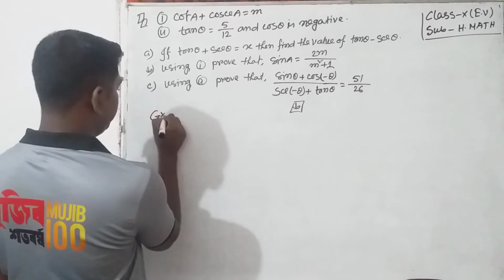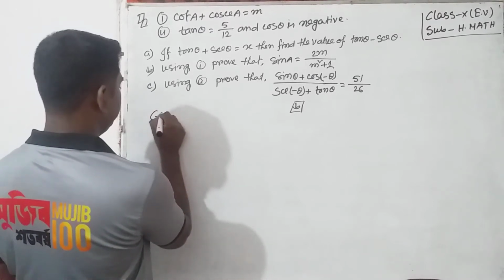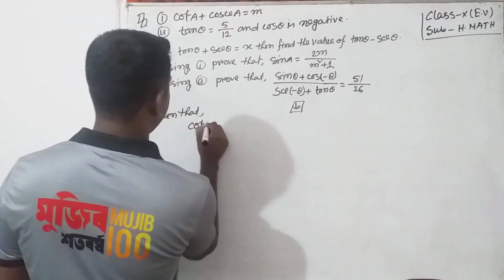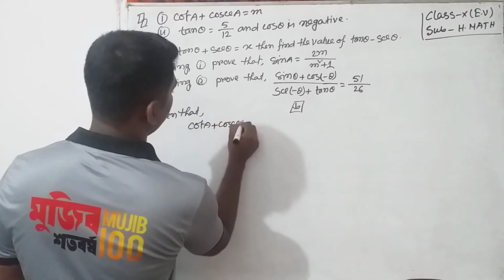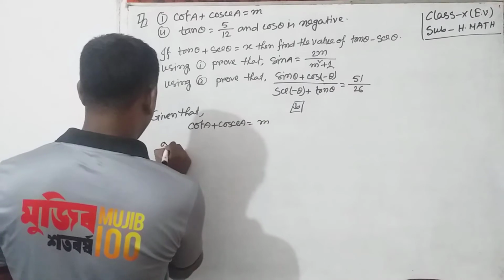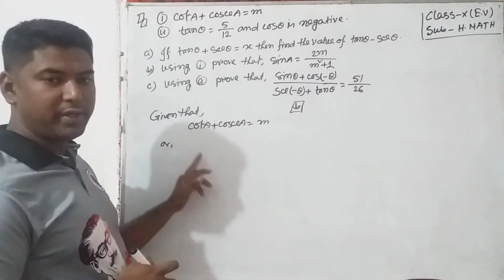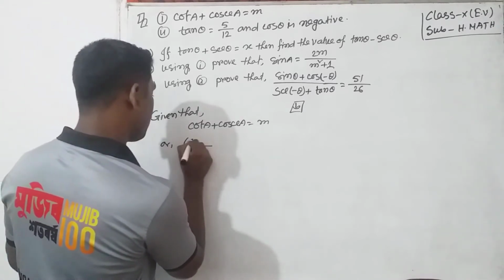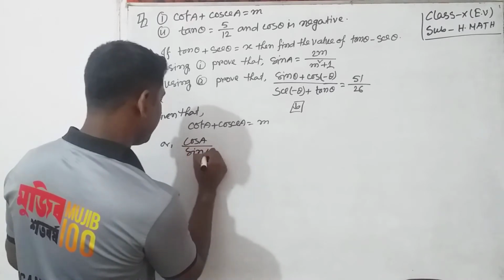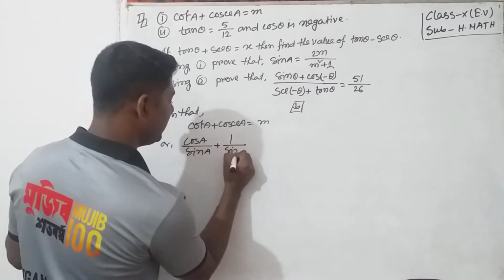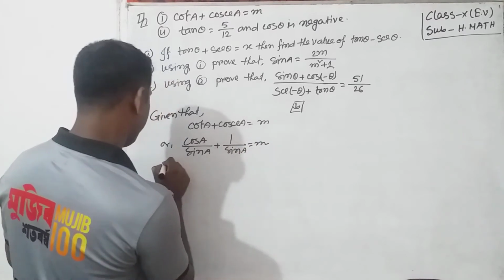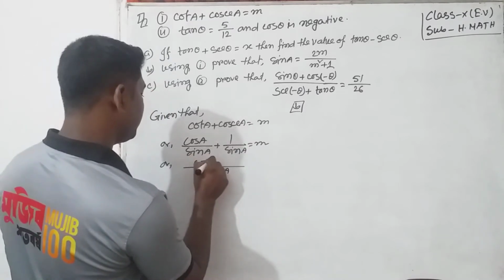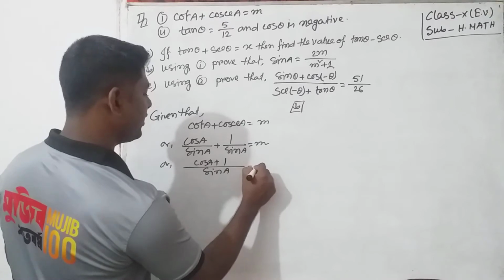Given that cot A plus cosec A equal m, we can write cot A equal cos A by sin A and cosec A equal 1 by sin A. So we can write cos A by sin A plus 1 by sin A equal m.